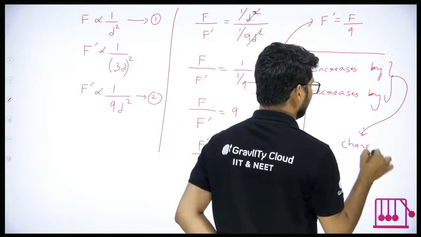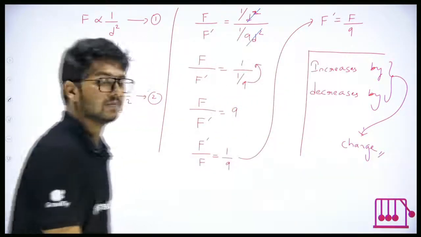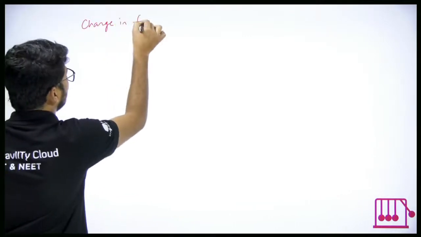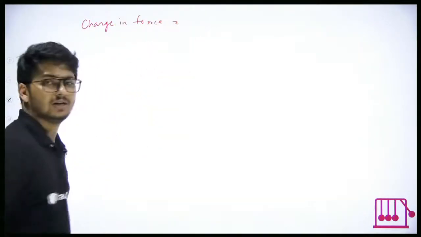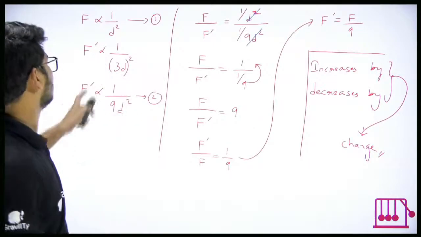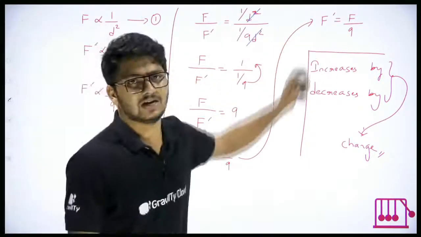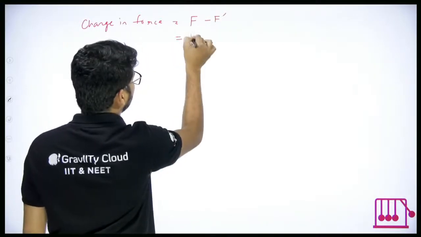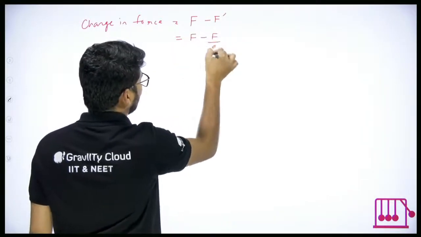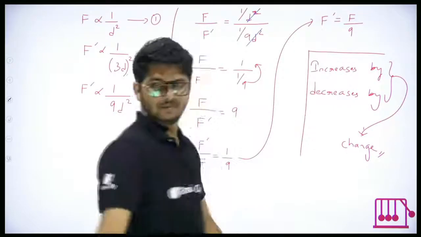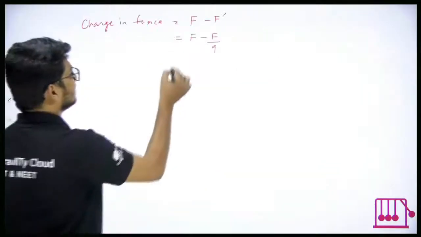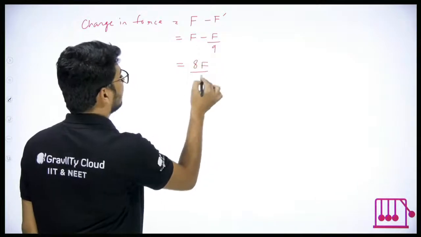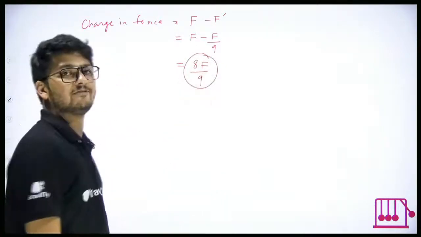What is the change? That is the question. So if you need change in force, what is that going to be? Initially it was F. Finally we got F dash. I'm only taking the value. So F minus F dash, we got it as F by 9. So F minus F by 9. You can take the LCM. You'll get it as 8F by 9. So change is 8F by 9.